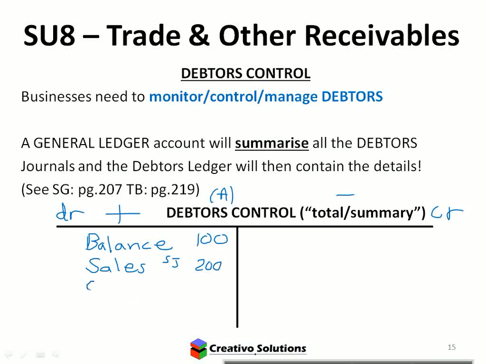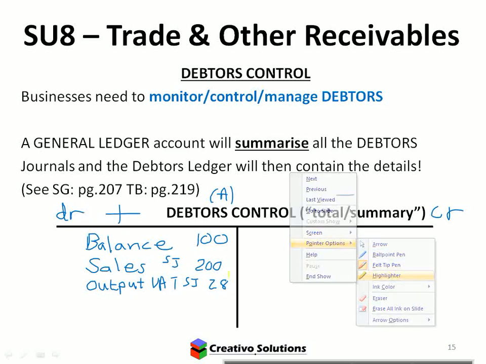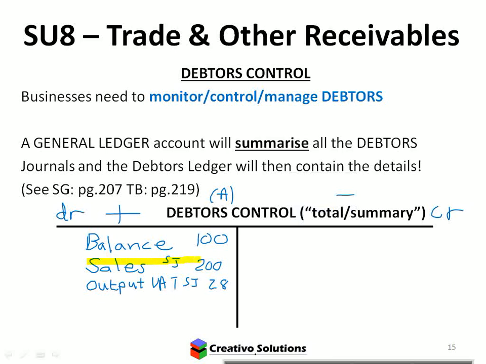And output VAT, it's from the sales journal, 28. And then if you group those two together, it makes 228. Do you agree? And that's how a ledger works. That's how a T account works.